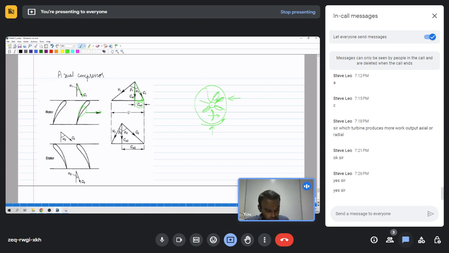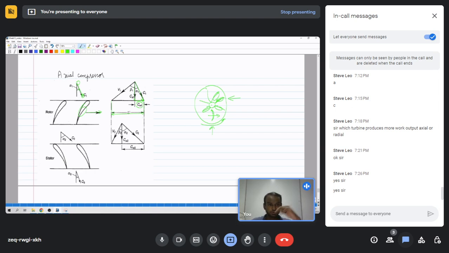Now here this is the blade velocity, and again for a stationary observer you can observe the velocity U towards the right, and the velocity of the fluid coming from the top at an angle.